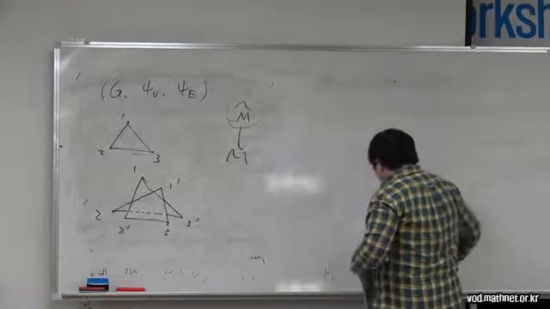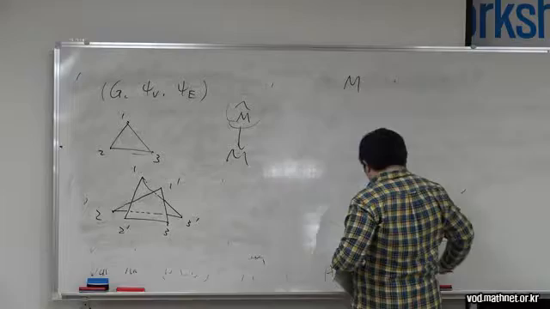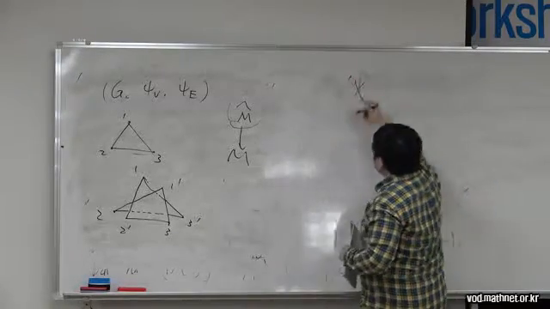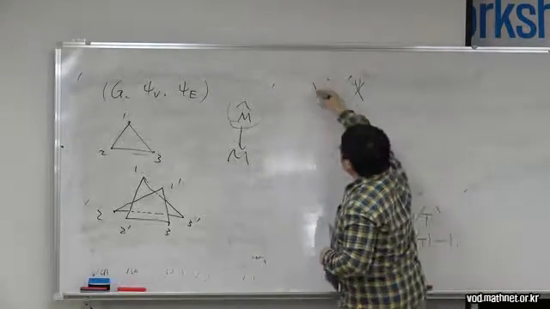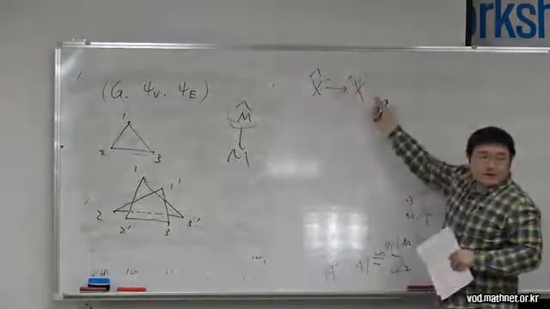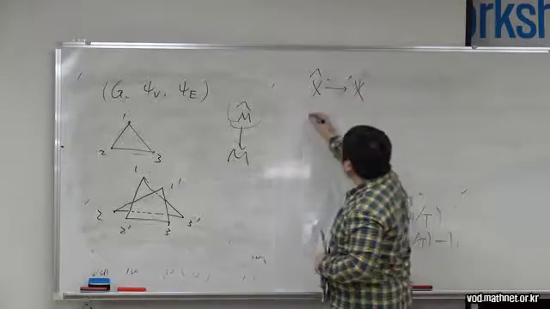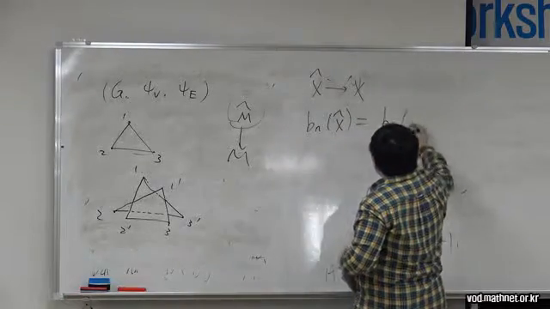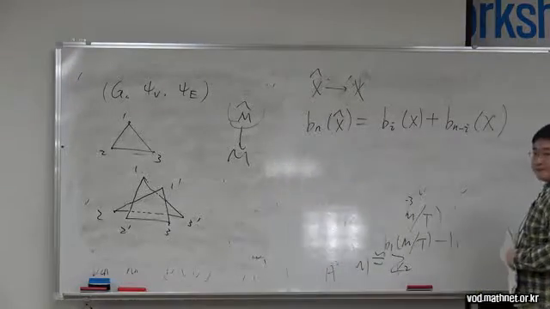It says that if X is a non-orientable n-dimensional manifold and X hat is its double covering, then Bi of X hat is always equal to Bi of X plus B(n minus i) of X.